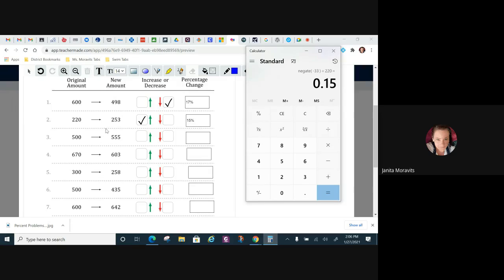Let's look at it a different way now. This same one. You can just take your larger number and subtract the smaller number from it, and it doesn't really matter what order, because watch this.